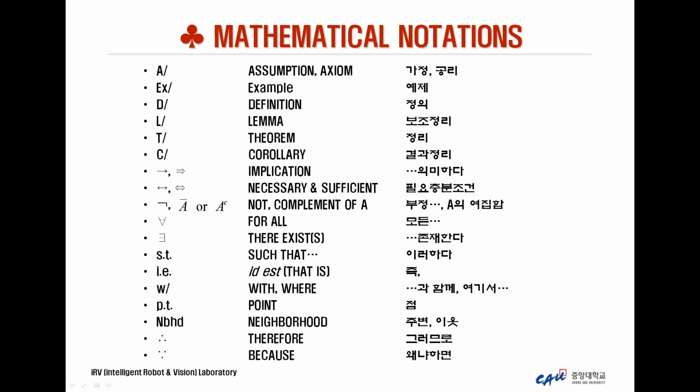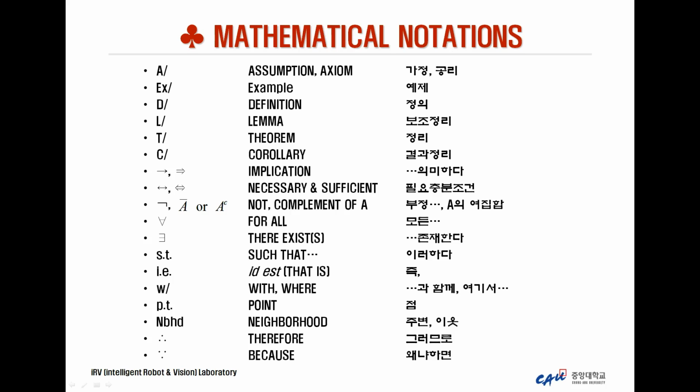Also, s.t. is such that, i.e. is id est in Latin, which is that is. And small w with a bar is sometimes I will call with, and sometimes where. p.t. is point, and NBHD is an abbreviation of neighborhood.